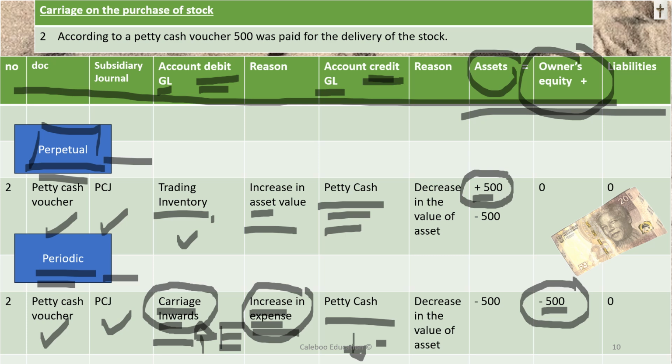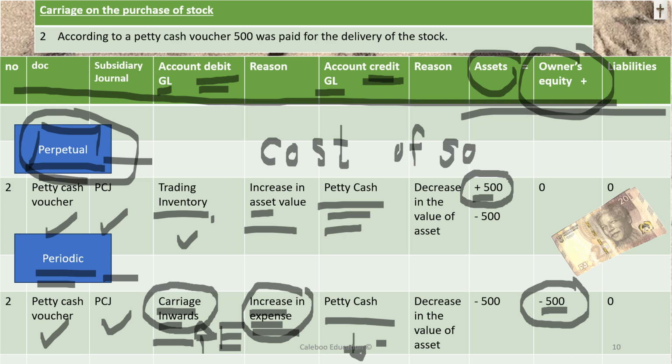Because remember, when we make a sale in perpetual, trading inventory is what we say is expensed, and a new account is opened, cost of sales. We will see that in the next transaction.